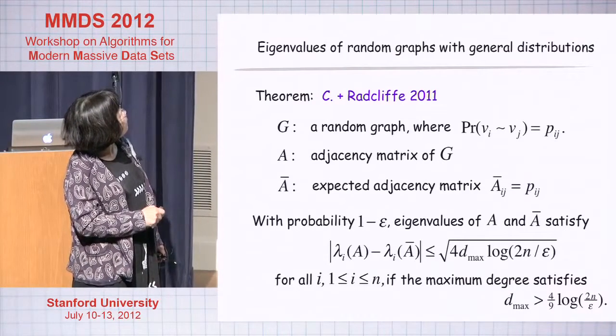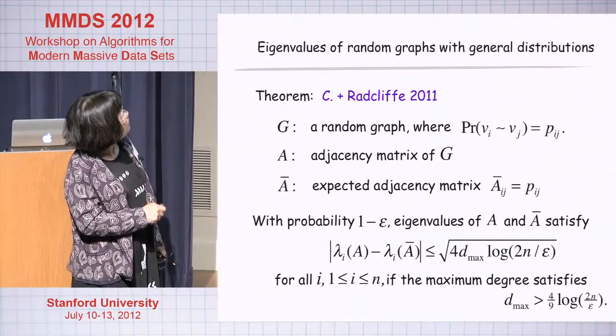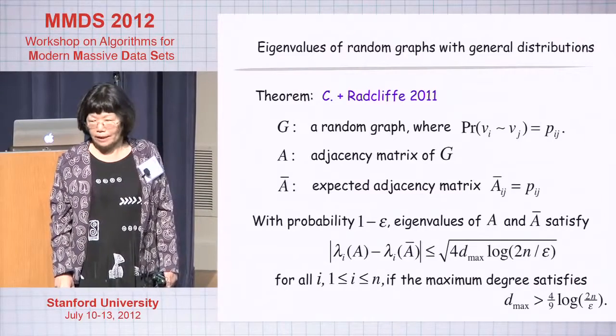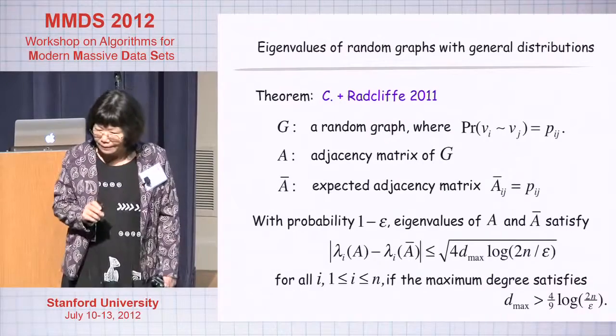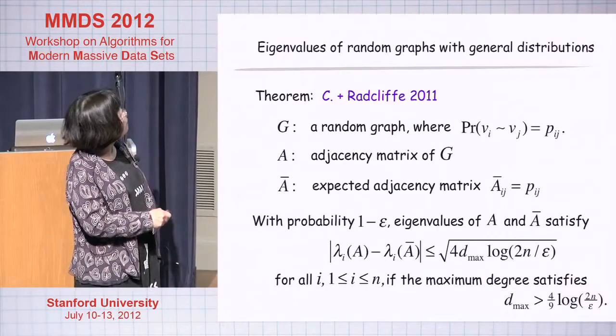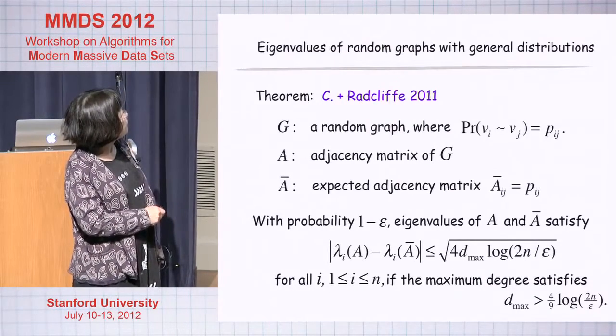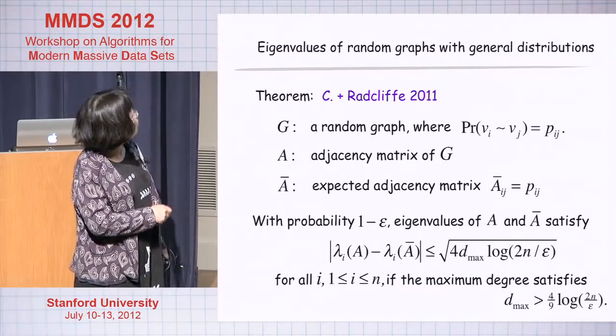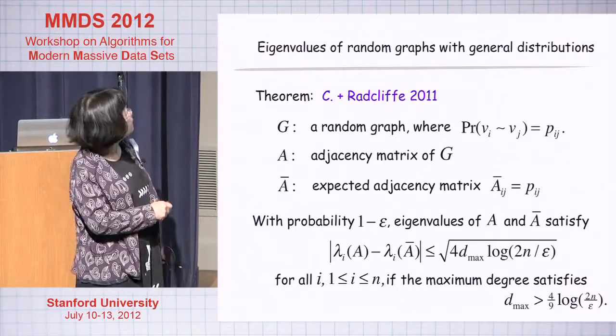So what's the consequence of this? It says, I have my random graph, and I have an expected adjacency matrix. For example, for the random graph G(n,p), the expected adjacency matrix is very simple. It's p everywhere. So it's very easy to compute eigenvalues, and I can bound all eigenvalues with probability 1 minus epsilon.